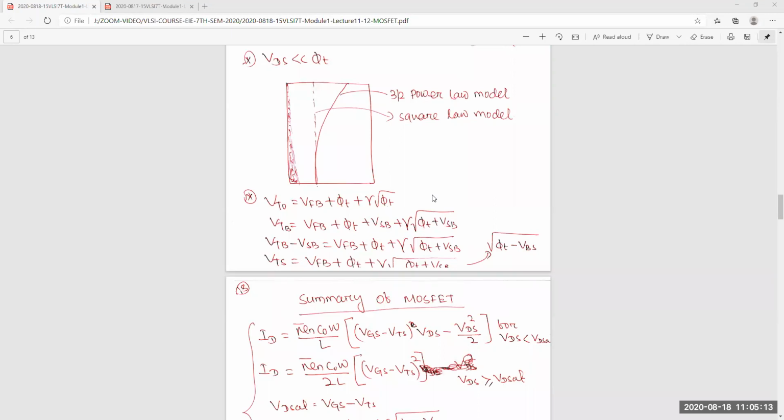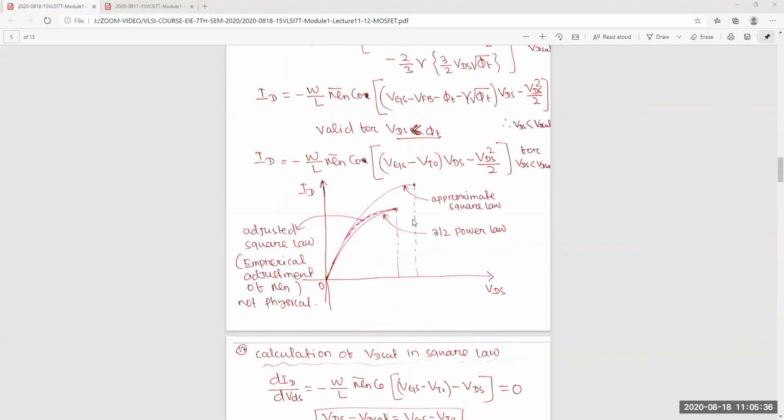Because the threshold is also low, and though the current is less, the threshold is low. In square law also the same threshold voltage. By doing some approximation and some mu adjustment, mobility adjustment, we are getting the same point.